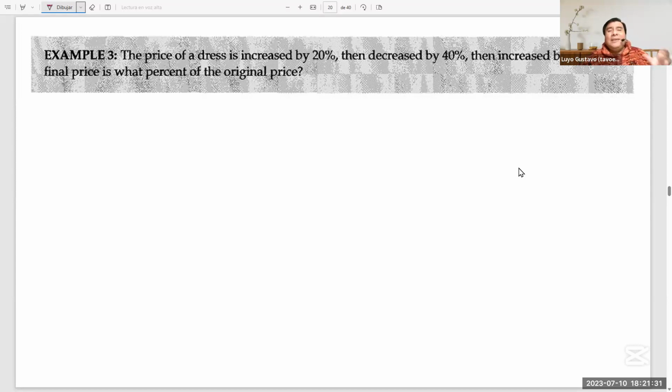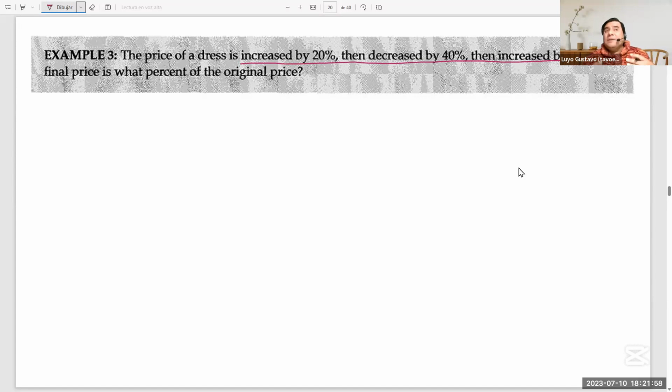How can we find what would be the final price as a percent of the original price? In other words, what would be the equivalent of this sequence of 3 consecutive percent changes, increasing first by 20, then decreasing by 40, then increasing by 25 again, would be equivalent to doing which exact percent change to the original amount?